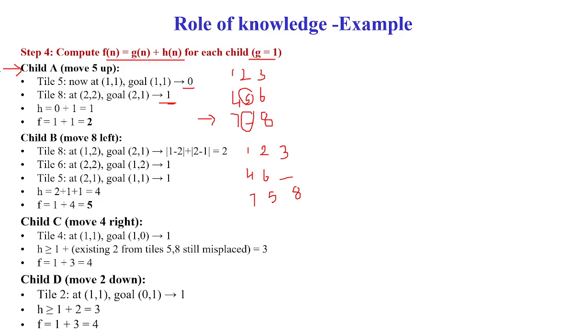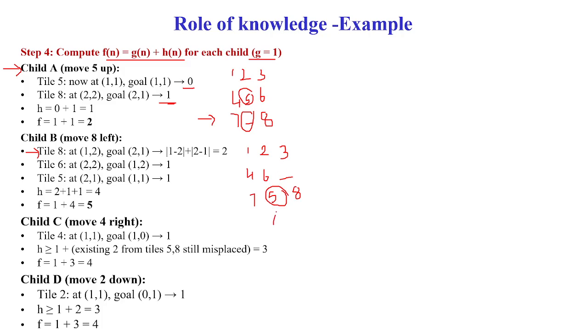Now, if you take this tile 8 here, okay, row 1, column 2, right?